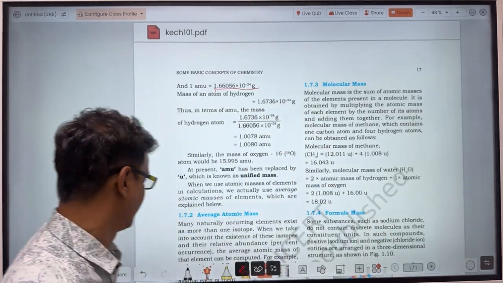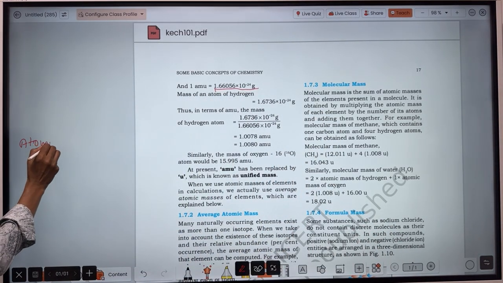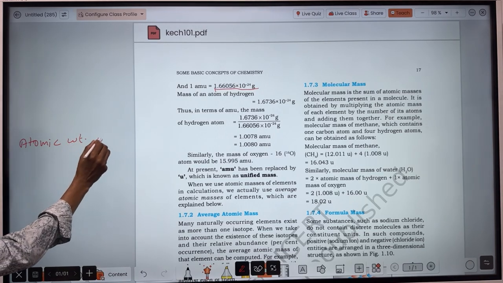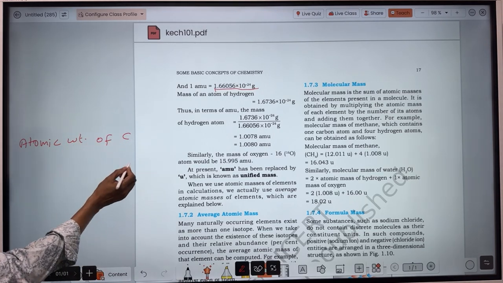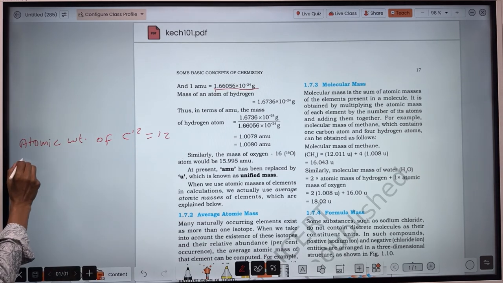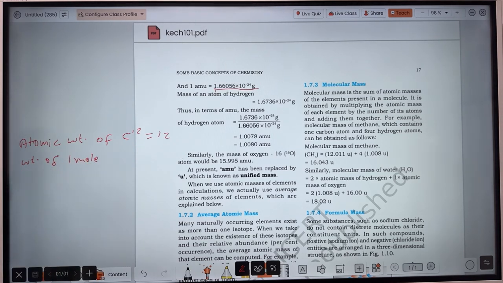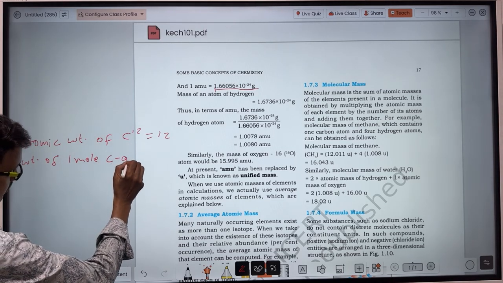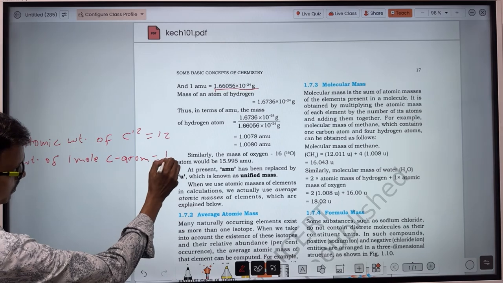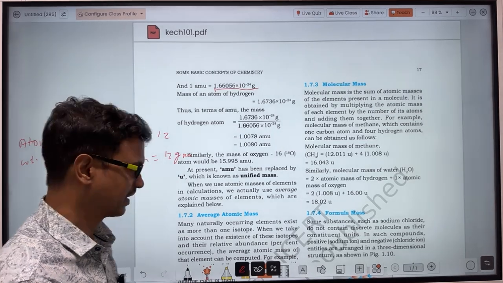Let's see here. You know the atomic weight of carbon is 12. That means the weight of 1 mole of carbon atoms will be equal to 12 gram. 1 mole is 6.023 into 10 to the power 23.